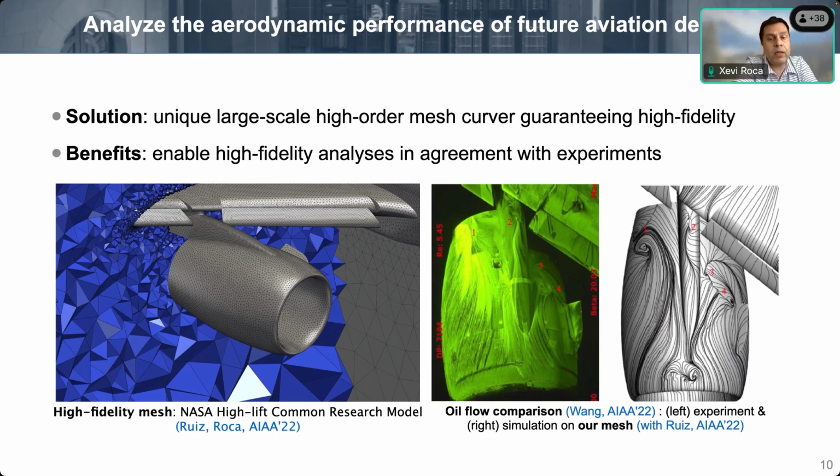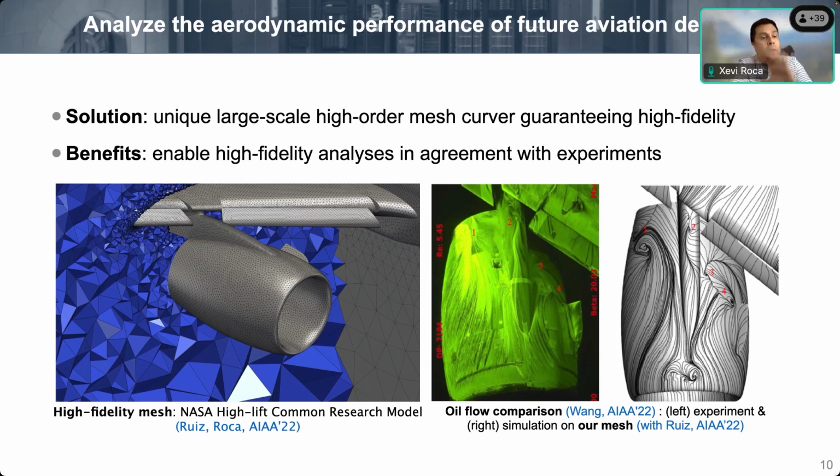One is experimental data: you put an aircraft at scale in the wind tunnel, you put oil on the surfaces, it's actually fluorescent oil, and then you take pictures of the streak lines of this oil flow with fluorescent lights. And you try to get a simulation that matches the experimental data.